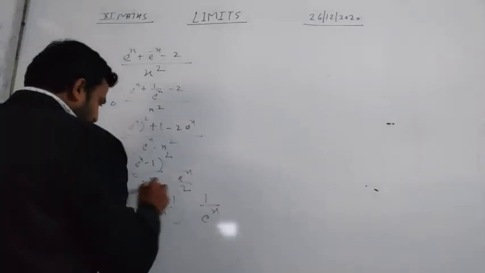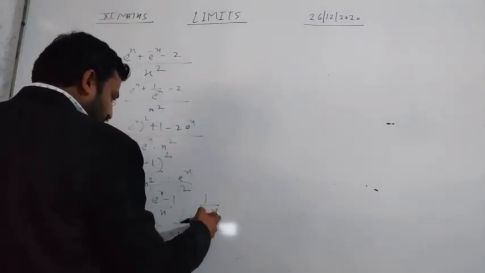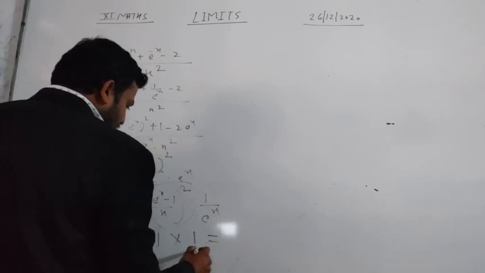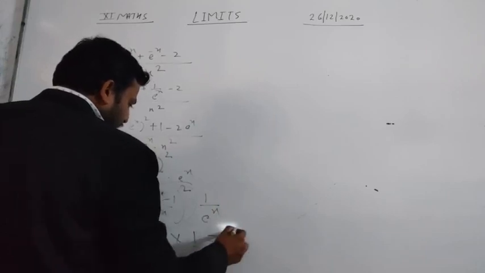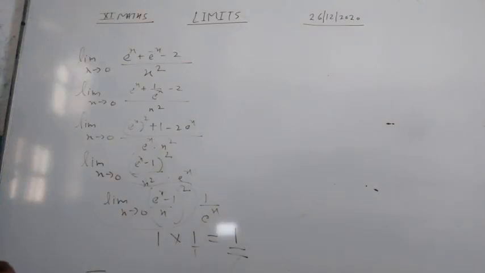So this part is 1, and we write limit x tends to 0, we get 1 by 1, so it will be equal to 1. So it will be our required result.